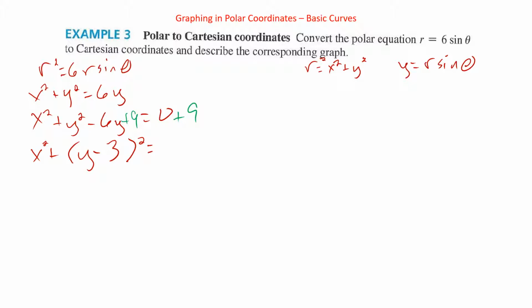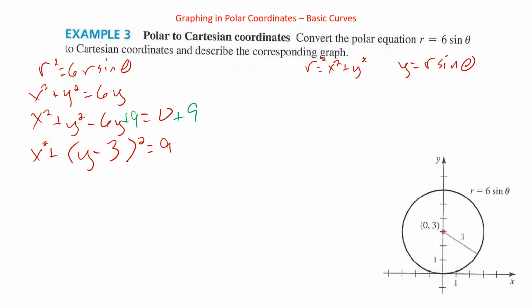So this becomes a 9. So we have x squared plus y minus 3 squared equals 9. That is the equation of a circle with center 0, 3 and radius of 3. So if we graph it, it looks like that.